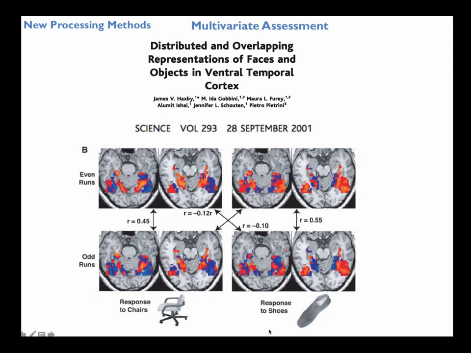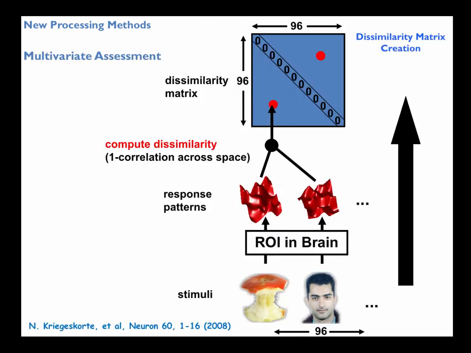And he found that there was a high degree of correlation with the same types of stimuli and lower with other stimuli. So he was able to say, oh, there's still information in this data, even though your eye can't see blobs of activation. Instead, it's distributed in high-frequency patterns. And that started the field of multivariate pattern assessment.